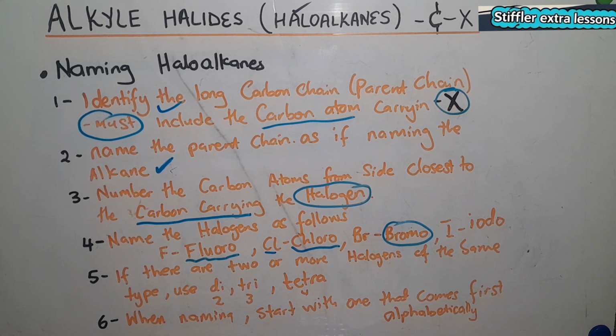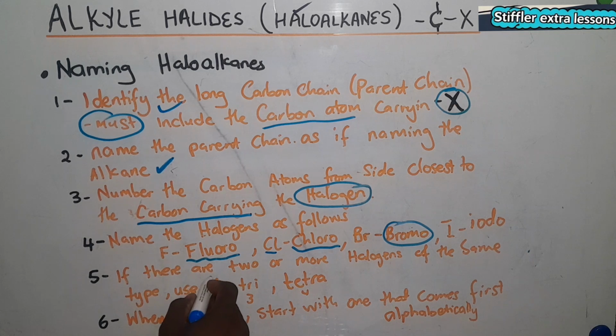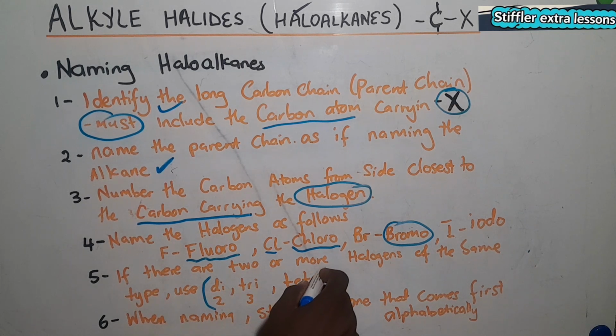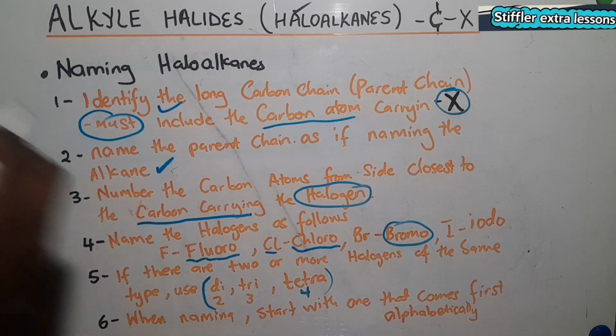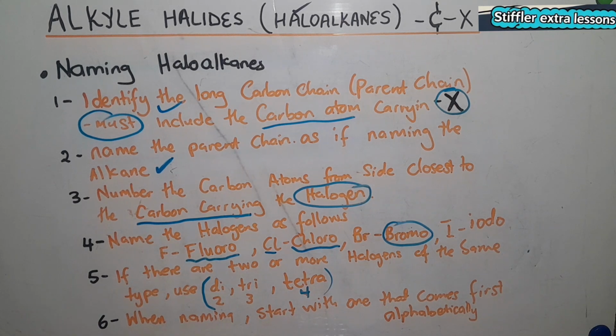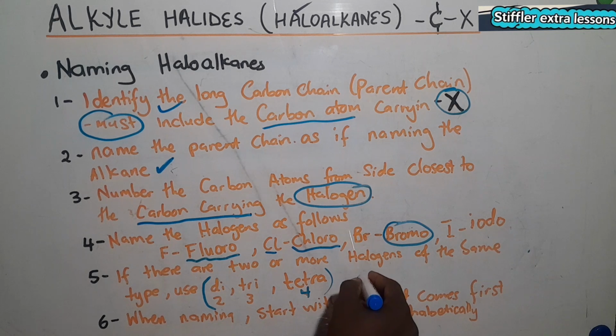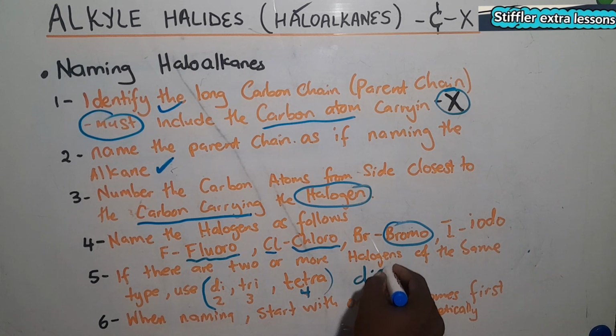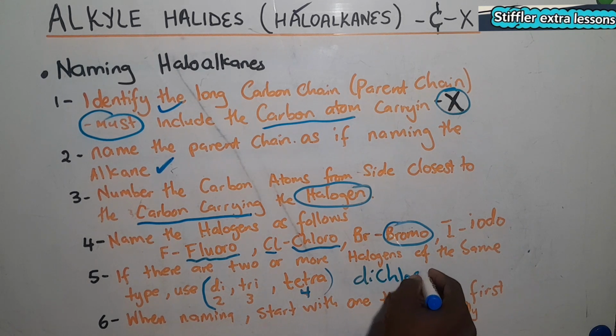If there are 2 or more halogens of the same type, we use the prefixes di, tri, or tetra if there are 4. So if there are 3, it's tri. If there are 2, it's di. For example, if you have 2 chlorines, it will be dichloro.